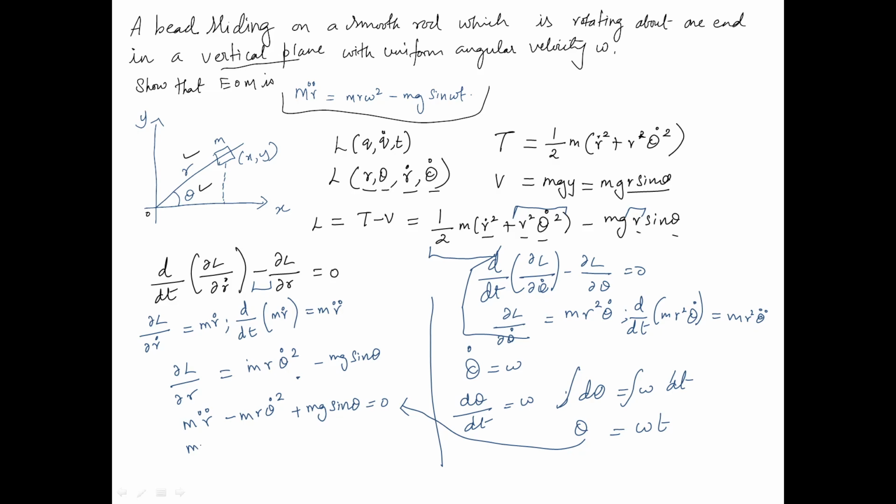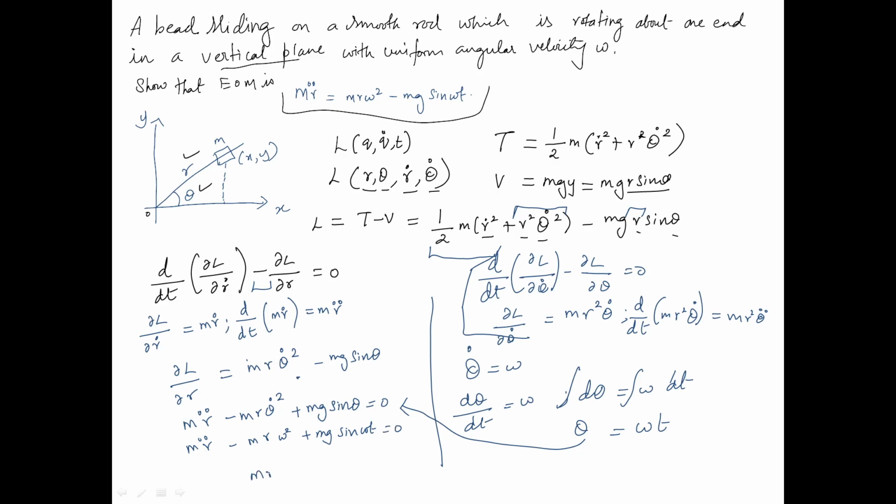So m r double dot minus m r, instead of theta dot we use omega, with a square here, plus mg sin, instead of theta we have omega t, and this is equal to 0.